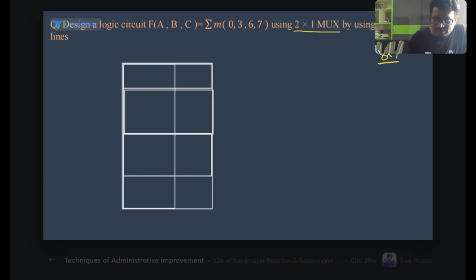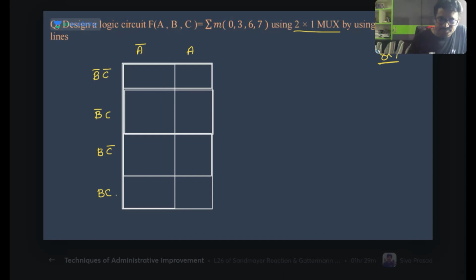Now for the select line E, I can say this is A bar and this is A. For the remaining two, this is B bar C bar, next B bar C, next B C bar, and this is BC.